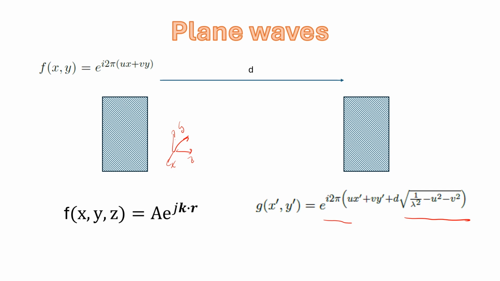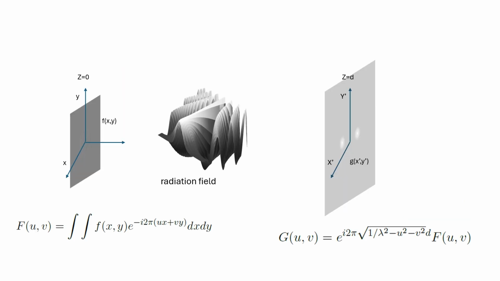Okay, so the plane waves are a complete description of the field; we could break the field into a superposition of plane waves on the input plane, which we do with the Fourier transform, of course. So the Fourier transform of the input field is shown here, as we've seen in our definition of the Fourier transform. And what we have just shown is that each Fourier coefficient of the input field is phase delayed by this amount, which would be the phase delay associated with a plane wave with x and y coefficients u and v.